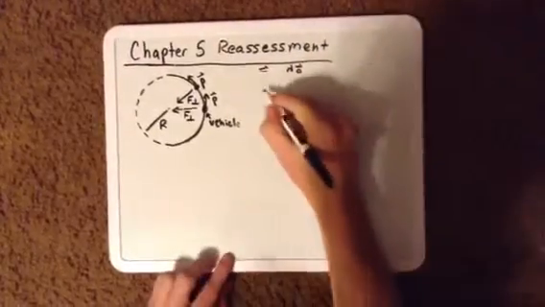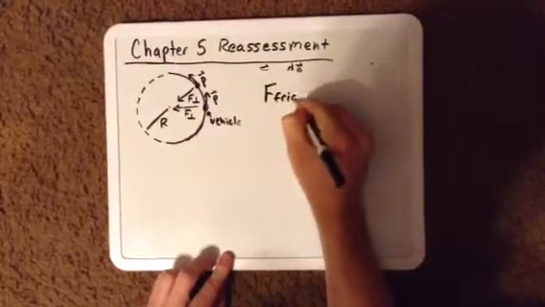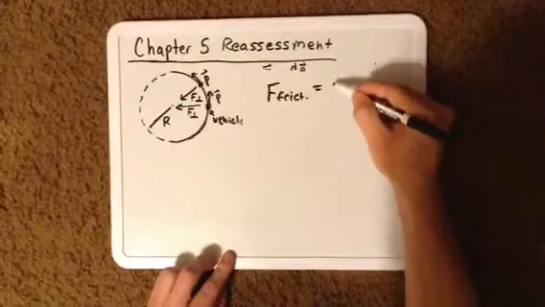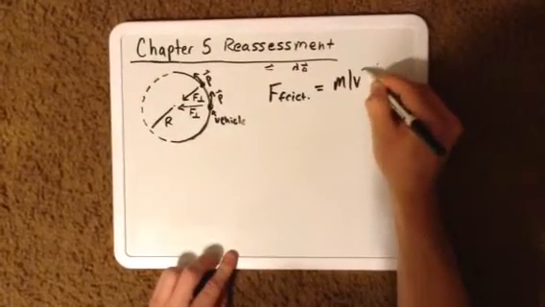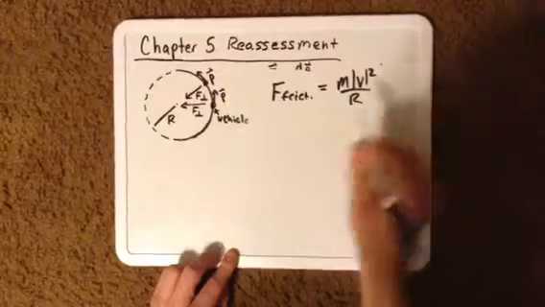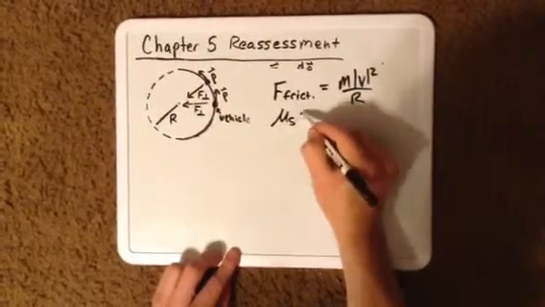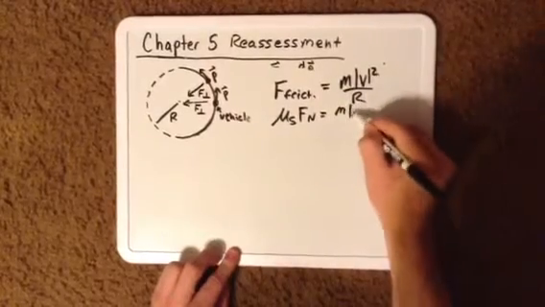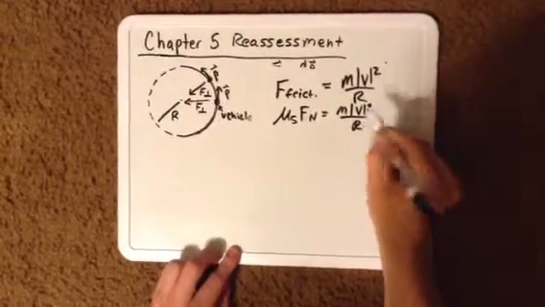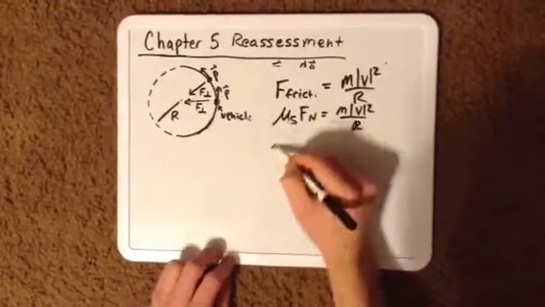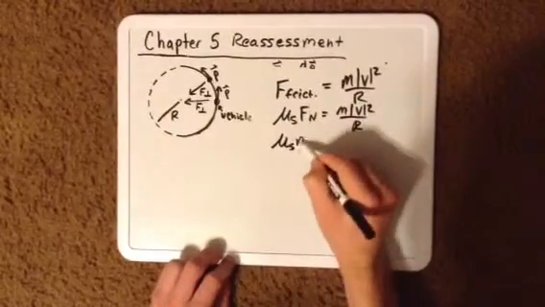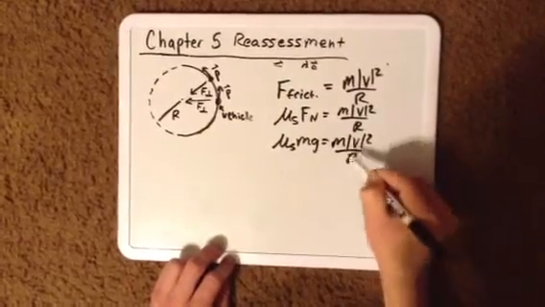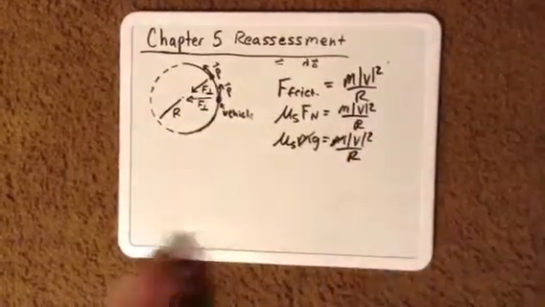We have the maximum static frictional force, and that equals mv squared over r. This is equal to mu s times the normal force, and the normal force is going to be equal to mg, the gravitational force. Notice that the masses cancel, so this problem doesn't even depend on the mass.